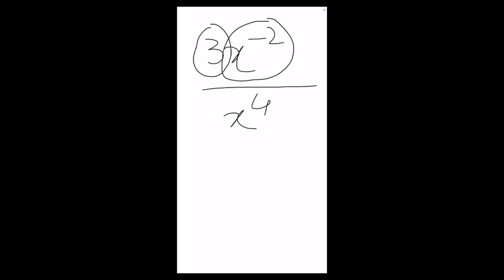You have to keep open those pages on which you have written the formulas, and try to identify this thing, x raised to power minus 2. It resembles which formula, which exponent rule?